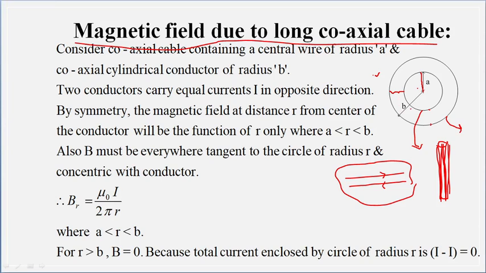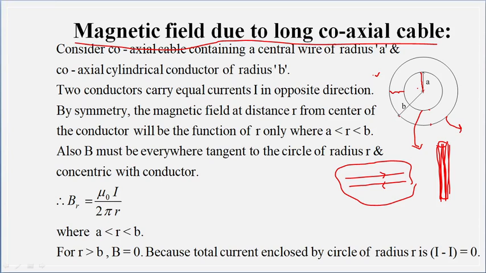So for a radius greater than A and less than B, the magnetic field will be there. And by using the right hand thumb rule, you can show that the magnetic field is due to only the central wire and not to the wires in the cylinder. The theory behind this you might have seen in current electricity.